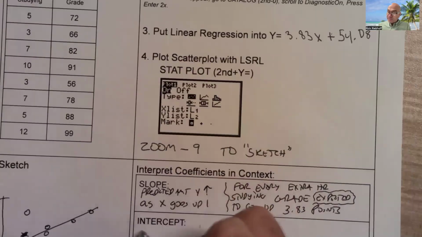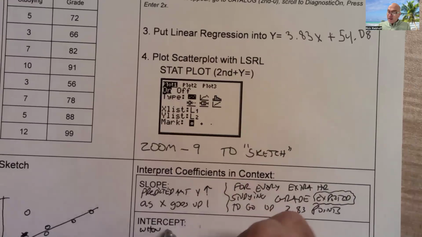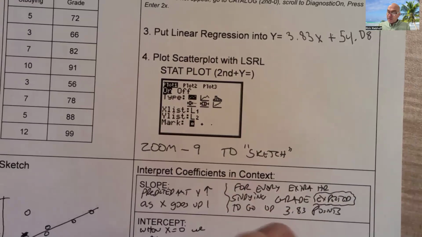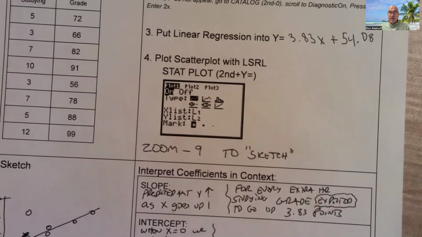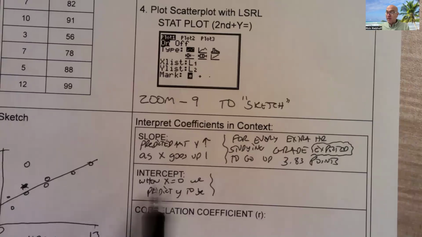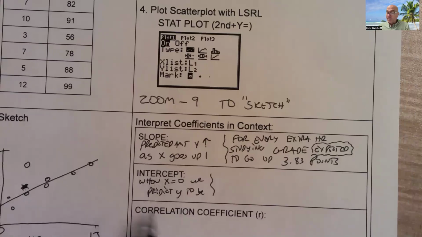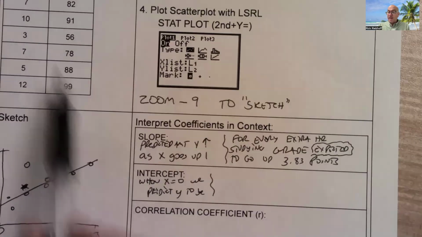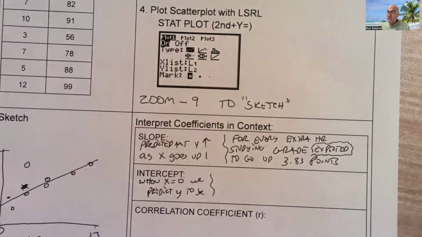The intercept happens when x is equal to 0, and we predict y to be. That's what the intercept tells us. So it's the y-intercept, and that happens when x is 0. In this case, x is 0 would be 0 hours studying.